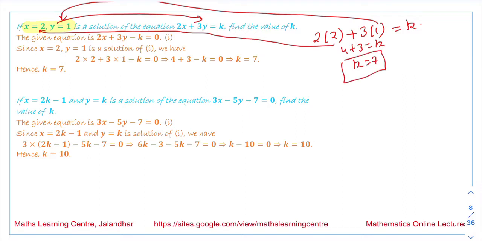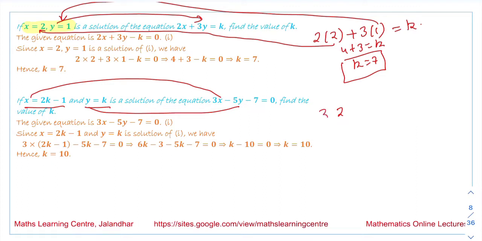Now next we have, if x is equal to 2k minus 1 and y is equal to k is a solution of this equation, then find the value of k. Again a similar question. The value of x is given, the value of y is given. We substitute these values over here. In place of x we are writing this, in place of y we are writing k. So what we get is 3 is already there.